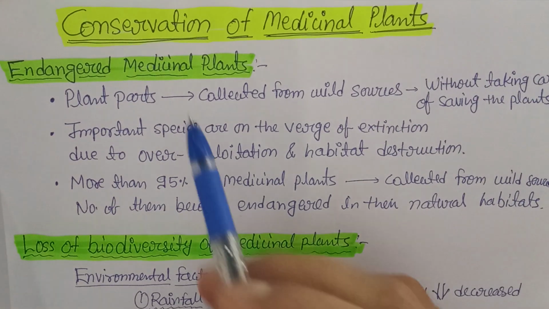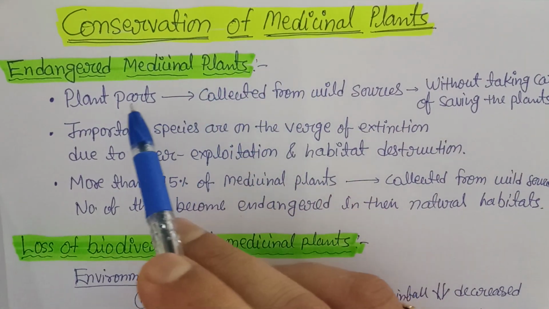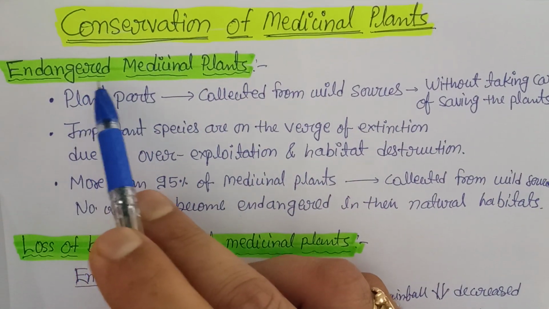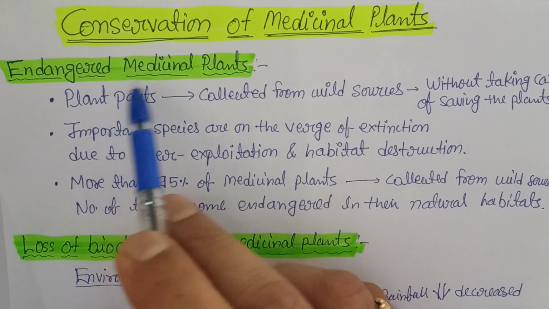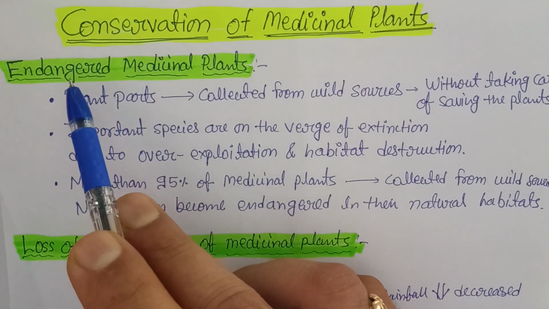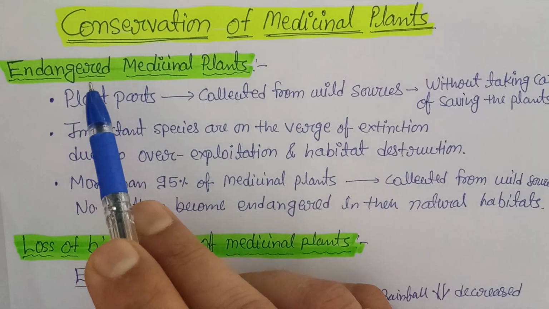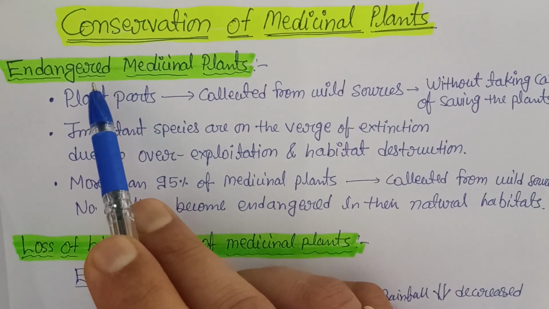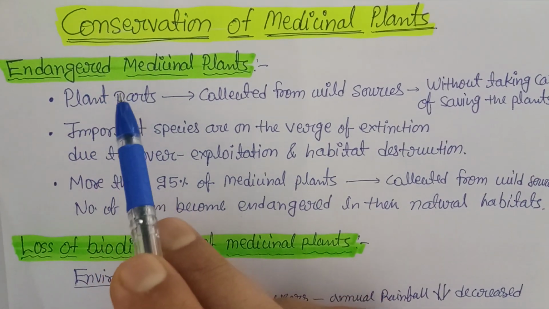When we talk about the conservation of medicinal plants, first we need to understand endangered medicinal plants, right? Those medicinal plants which are going to become invisible from the earth, we have to understand why this is going on.